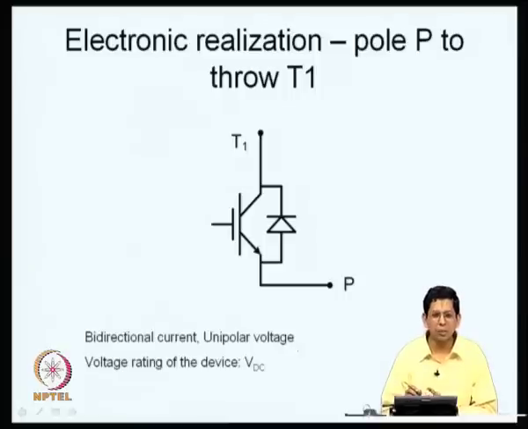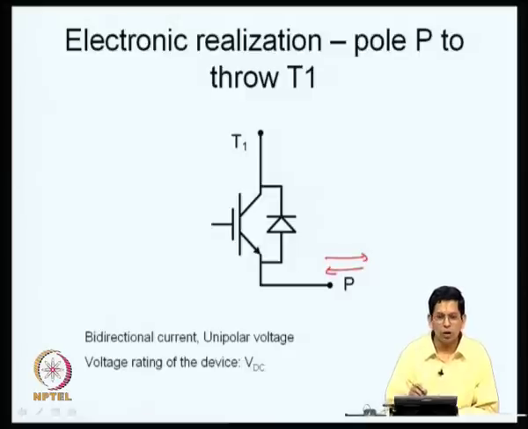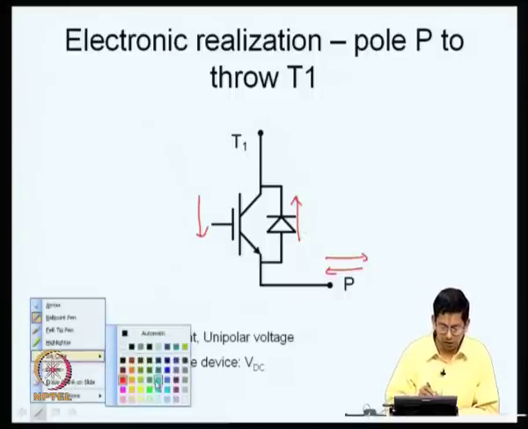This is quite similar to what we saw in a voltage source inverter. The current could be flowing in either direction, and therefore, we have a switch which is capable of conducting in both the directions, which is a transistor with an anti-parallel diode. So, these two can conduct in both the directions. When this has to be off, let me indicate with a different color ink.